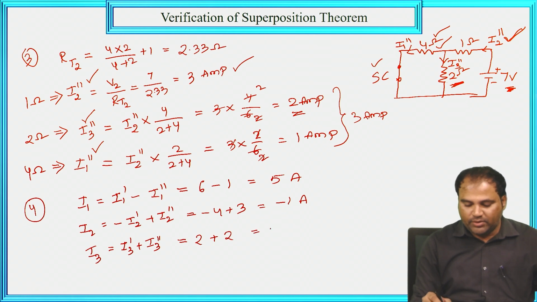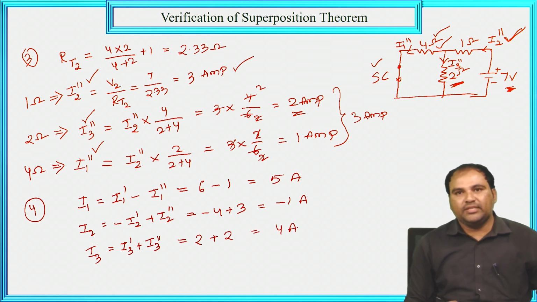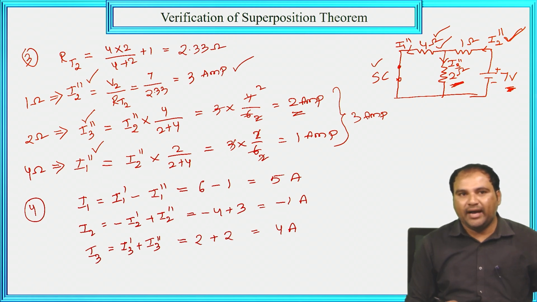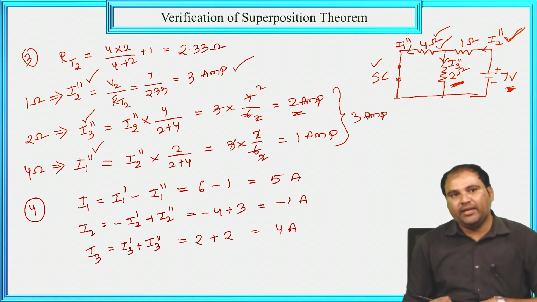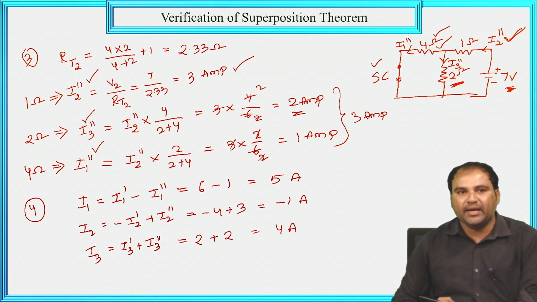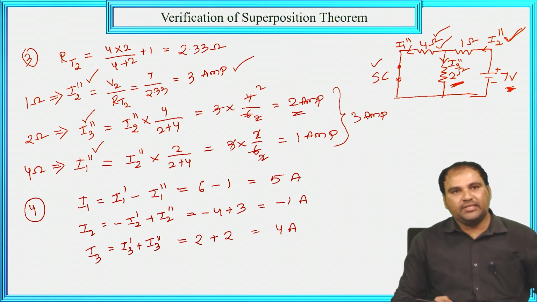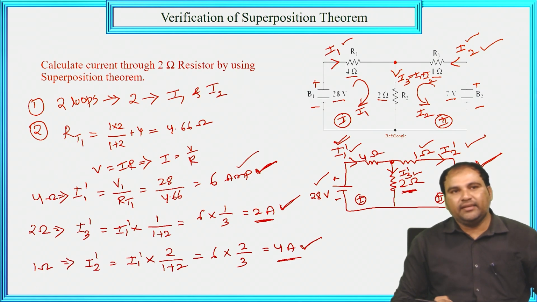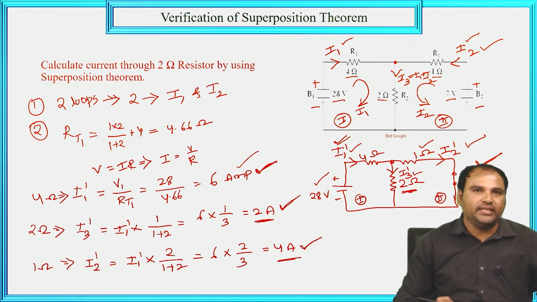That is equal to 4 amperes. Okay, so these are the individual current values I1, I2, I3. I1 is equal to 5 ampere, I2 is equal to minus 1 ampere and I3 is equal to 4 amperes. Right. But in the question they are asking to calculate the current through the 2 ohm resistor by using the superposition theorem.